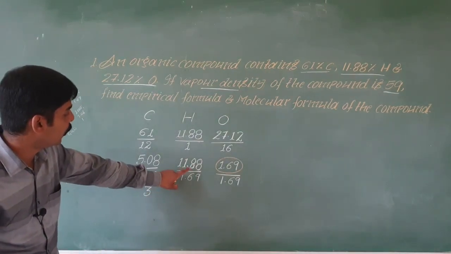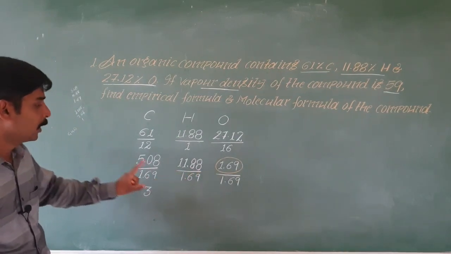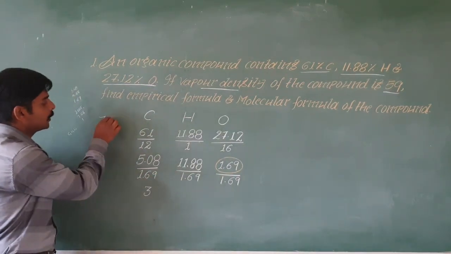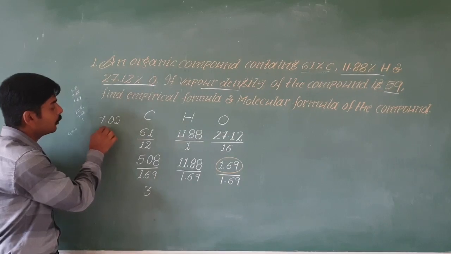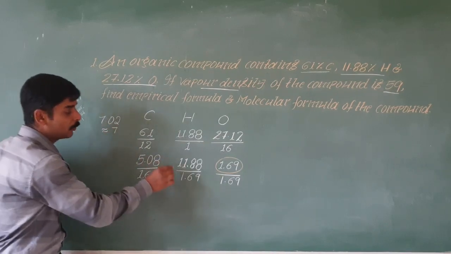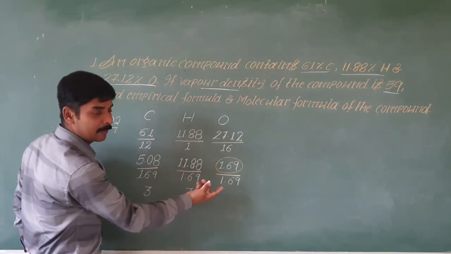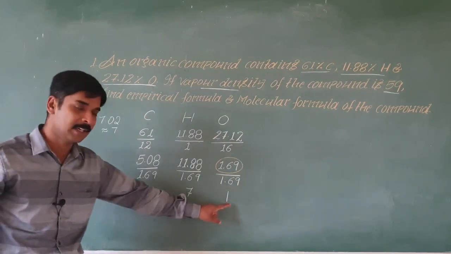Similarly, 11.88 divided by 1.69 will come around 7.02. 7.02 is approximately 7, so rounding off to the nearest whole number, we get 7. Here 1.69 by 1.69 is 1. So this is the simplest ratio.